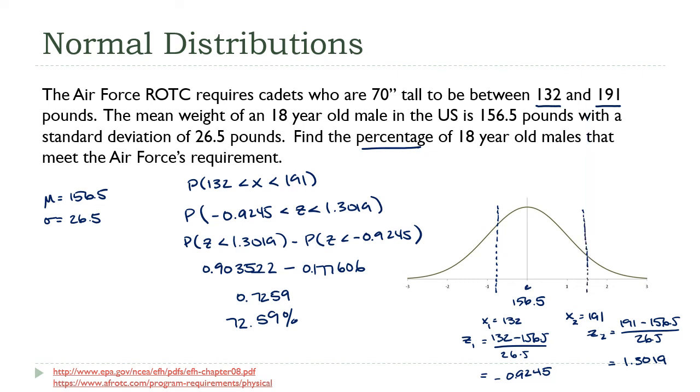Right? So what I'm seeing from this is there's more area over here on the above the mean side than there is over here on the below the mean side. In other words, it looks like the Air Force, for whatever reason, is more tolerant of people who are, I hate to say overweight, but people who are above average in weight than they are of people who are below average in weight.